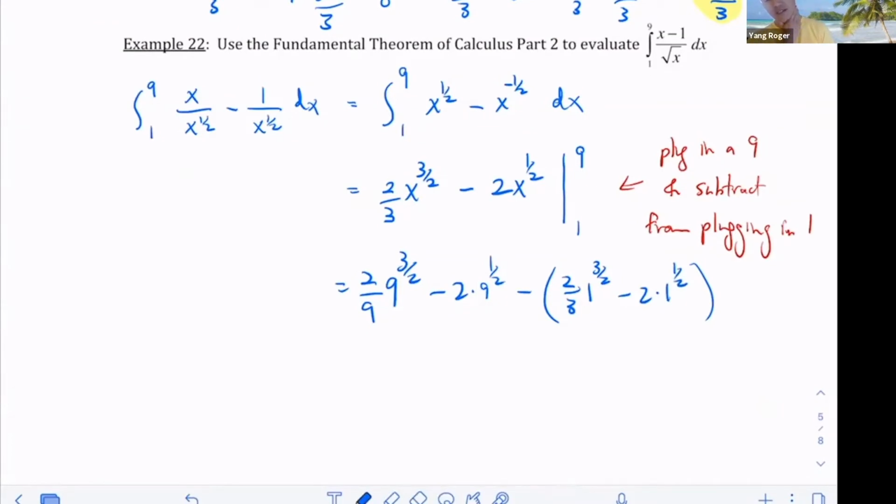Are there any questions about that? Hold on one second, I saw a question, but hold on. Let me change the captions. All right. How did x over x to the 1/2 turn into x to the 1/2?